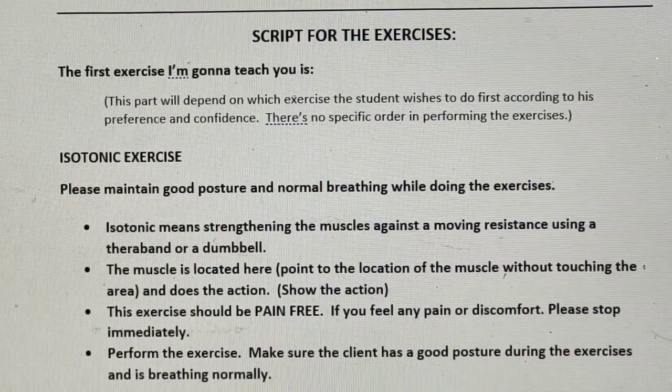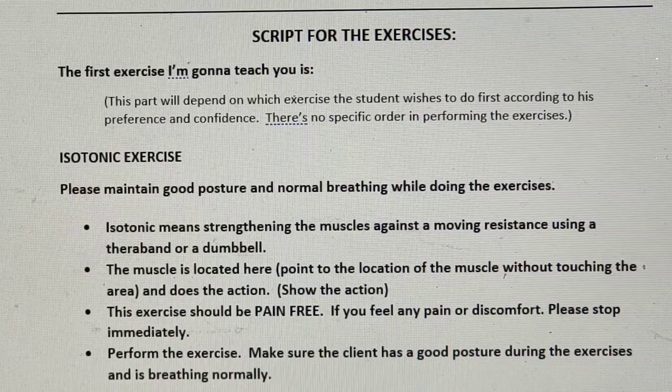The muscle is located here. So whatever is in the scenario, whichever muscle, you have to point to the location of the muscle without touching the area. It's very important not to touch your body, because you already have sanitized your hands. Okay, so make sure you're not touching your body, because you're gonna touch your client while performing the exercise.